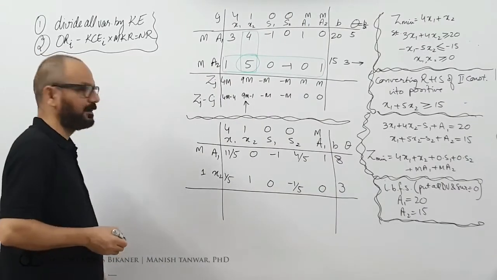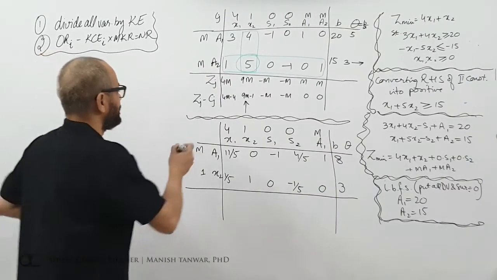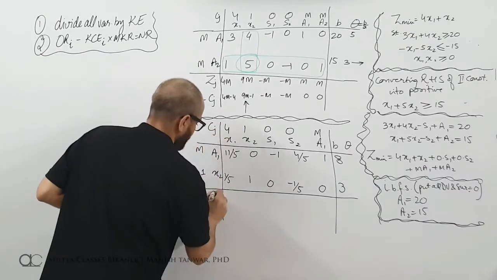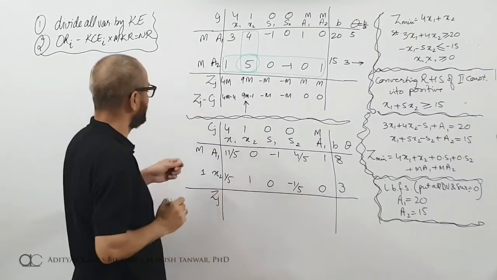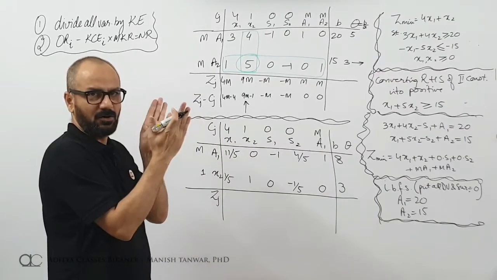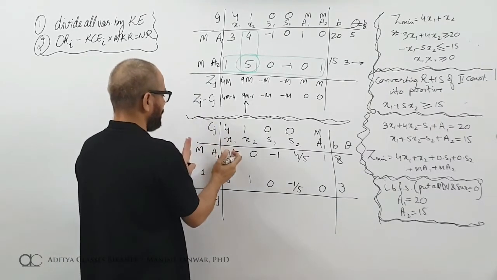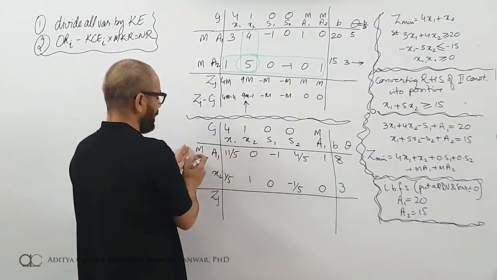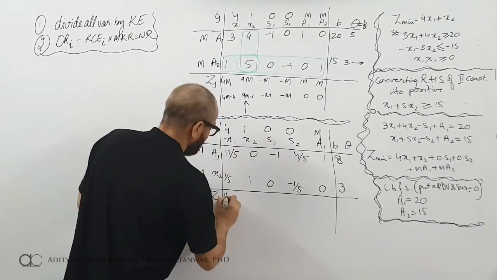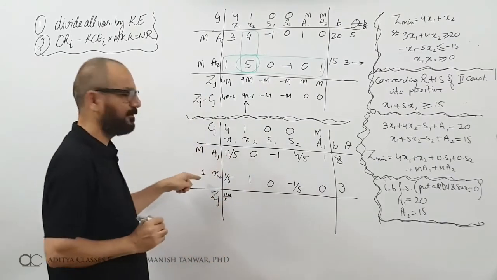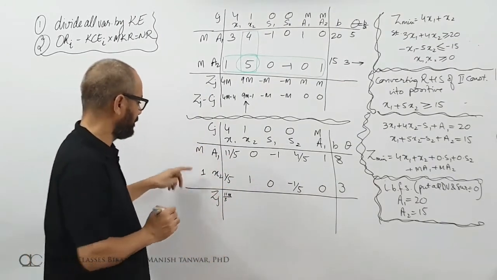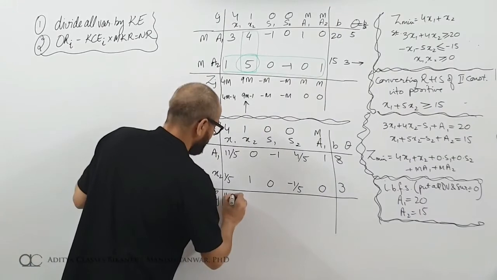What next? I need to find out Zj. Zj would be all columns with their contributions. 11 by 5 into M would be 11M by 5, and this would be a 1 by 5 plus 1 by 5.